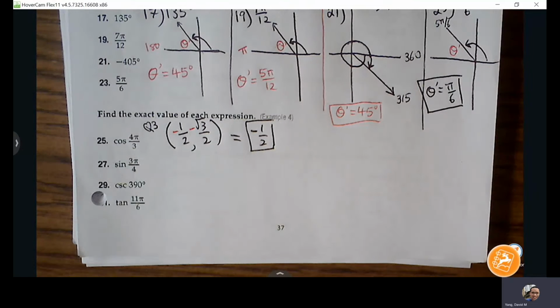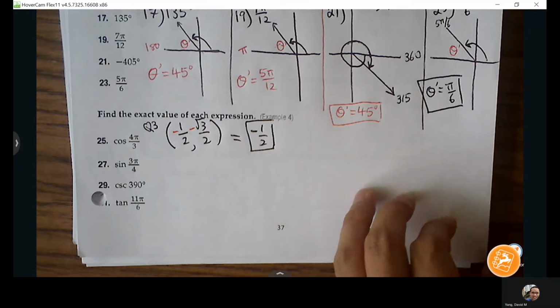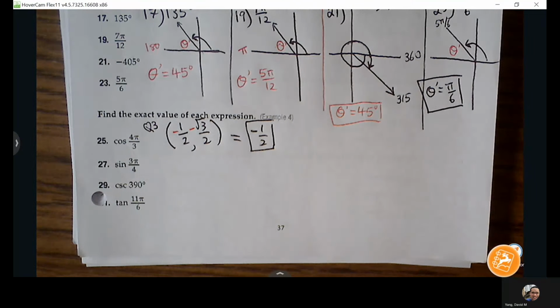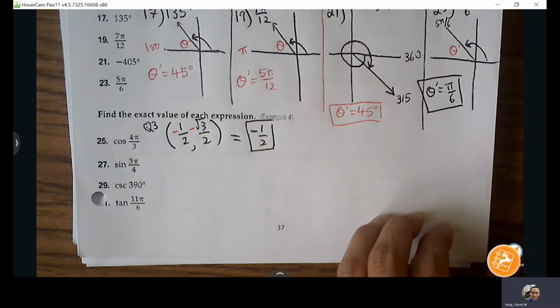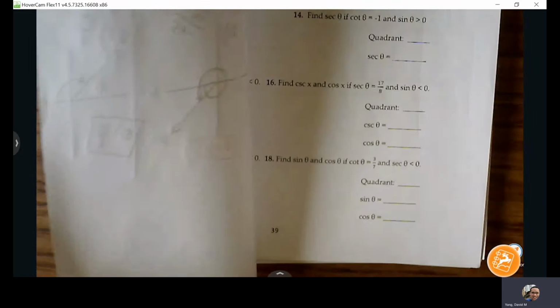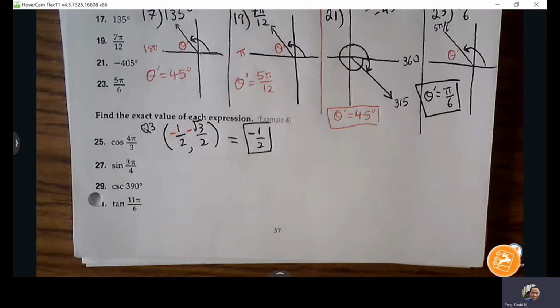Okay, go ahead and try the rest of this page. Your homework is just the rest of page 37 and 38, just a few problems.